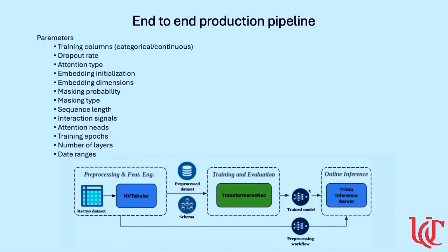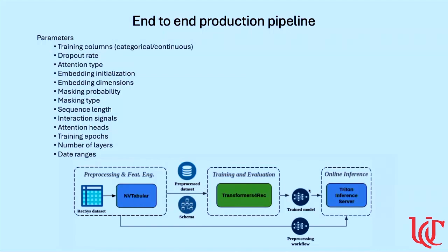Then the next will be attention heads. Again, for training your transformers model, you need to decide what number of attention heads you're using. Then the training epochs, the number of times you want to train this model, and decide what loss is acceptable to you, or how much trade-off you're okay with in deciding the training epochs and the loss factor.